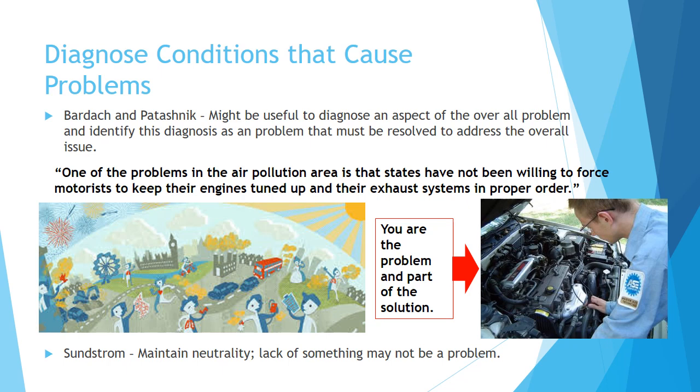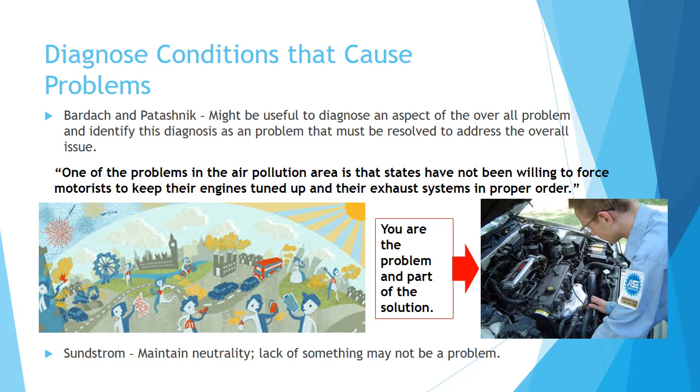And again, I don't think Sundstrom would recommend this. She would again probably say that you should maintain neutrality, because the lack of something may or may not be a problem, but in either case, by suggesting that one of the diagnoses is a problem, it could be troublesome.